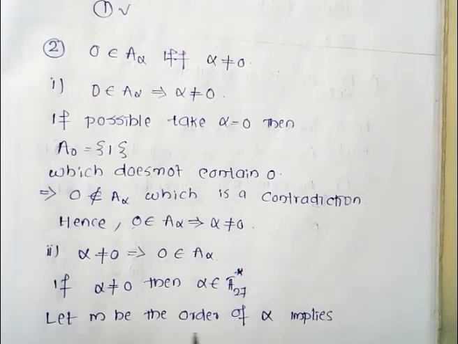Now for the reverse part: if alpha is not equal to 0, then 0 belongs to A alpha. If alpha is not equal to 0, then alpha belongs to F27 star, and let m be the order of alpha.